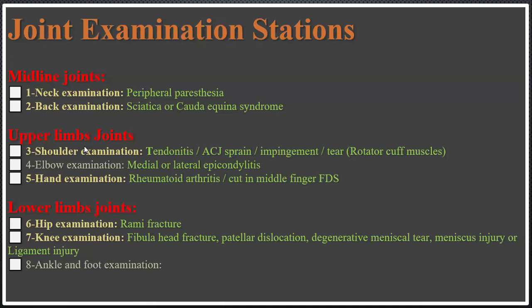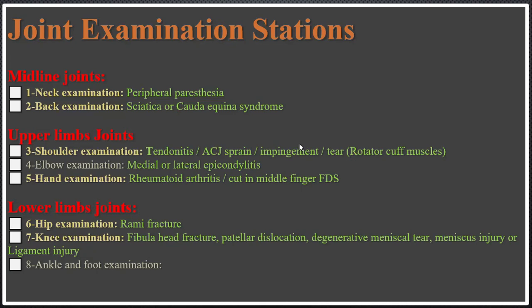In upper limb, in joint examination for shoulder, you have tendonitis or acromioclavicular joint pathology or impingement or tear. So tear here, you have four muscles in the shoulder. If any injury of one of them, so it could be tear or impingement.